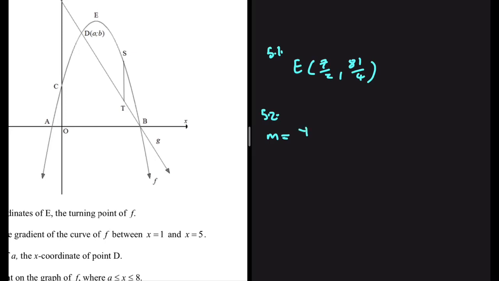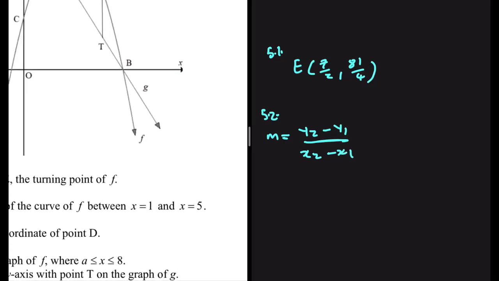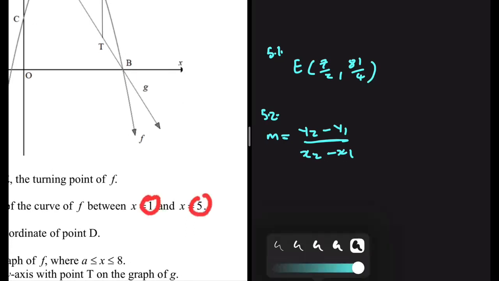Gradient is just y2 minus y1 divided by x2 minus x1. In our situation, we are given x1 and x2: x equals 1 and x equals 5. So we can find the y value when x equals 1 and the y value when x equals 5.